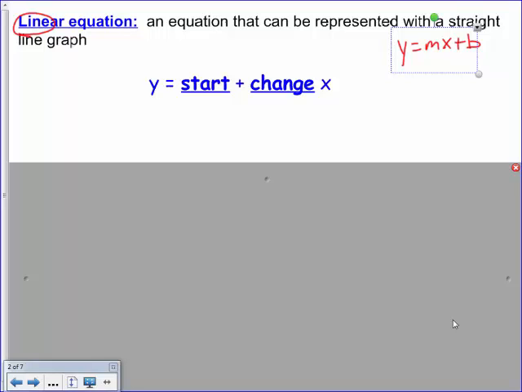We're going to write a linear equation as y equals the start plus the change times the x. Or really, when I say change, it's our rule for our recursion, how it's changing. Okay, so for example, let's go back to this last slide.